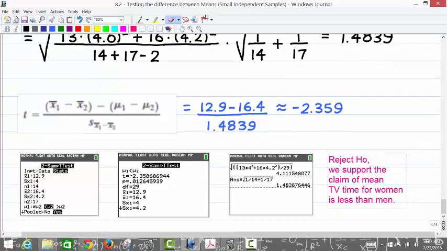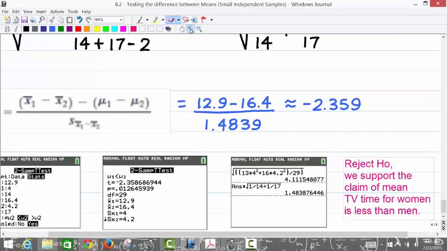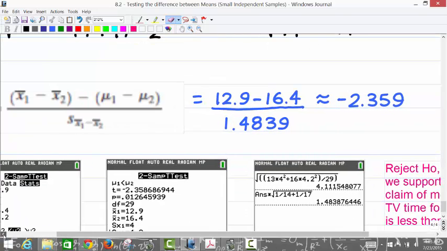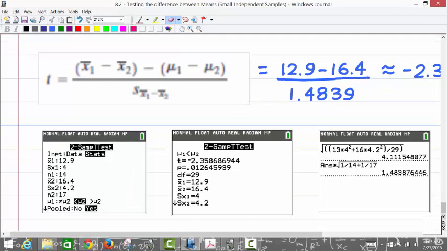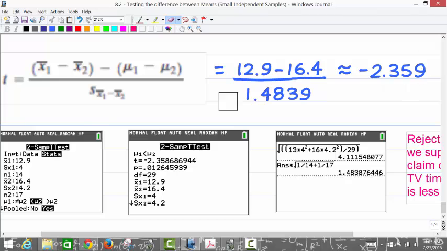So it looks like I did the calculator input there. This time I have it correct with less than. Yes, that's correct. Got everything in there. And you see there's the negative 2.35, whatever, 8, which matches our negative 2.359. So we got that right.